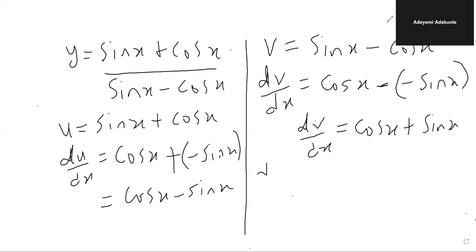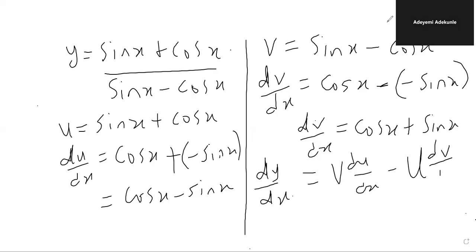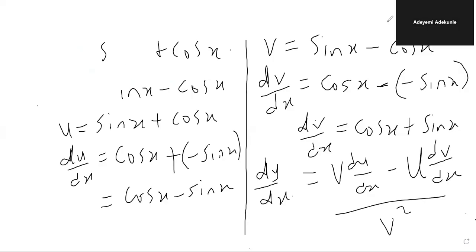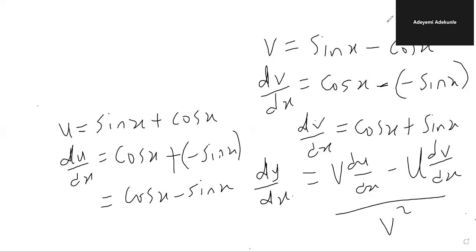So following the approach, the formula for the quotient rule says (v du dx minus u dv dx) over v squared. This is what I want to follow now to solve this particular question. So our dy dx here will be v.